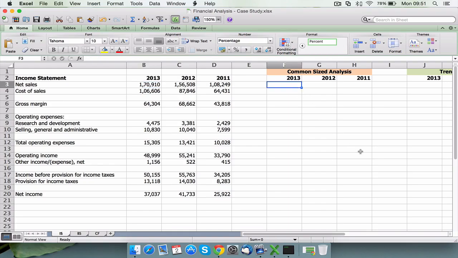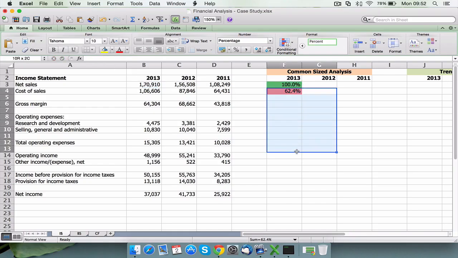In 2013, let us divide the first figure by sales, the second figure by sales again, and so on. You can see that this sheet has already been pre-formatted, and as you enter numbers, you'll get various color codes. We'll discuss them slightly later, but for now, you need to reduce all these numbers by the sales of the respective year.